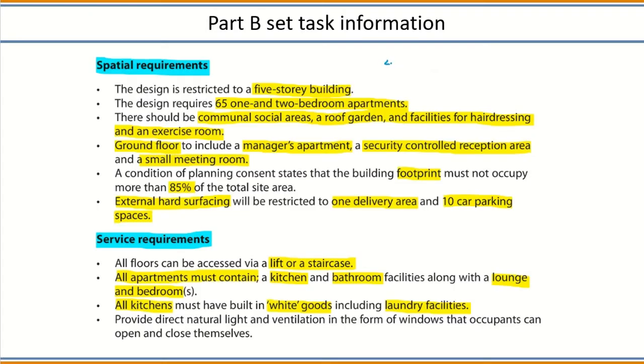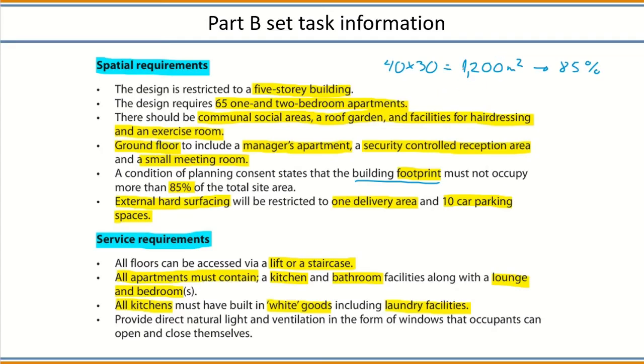The site is 40 times 30, which is 1,200 meters square. The building footprint must not occupy more than 85%. I need to calculate the 85% of this number.